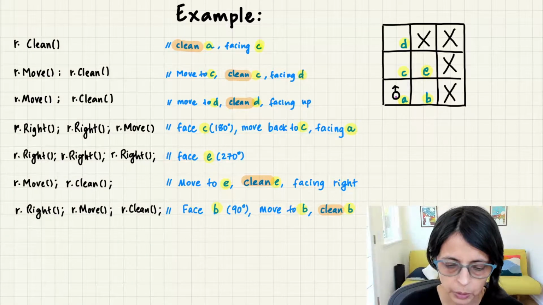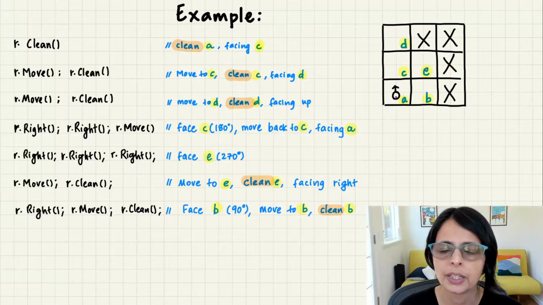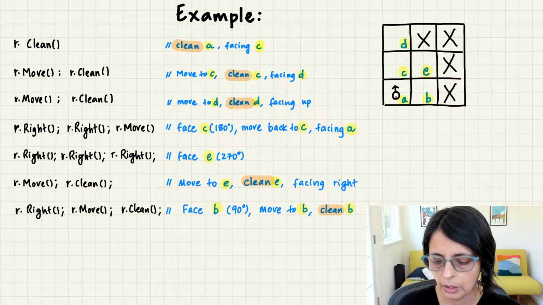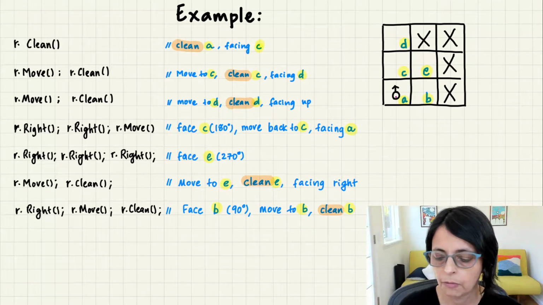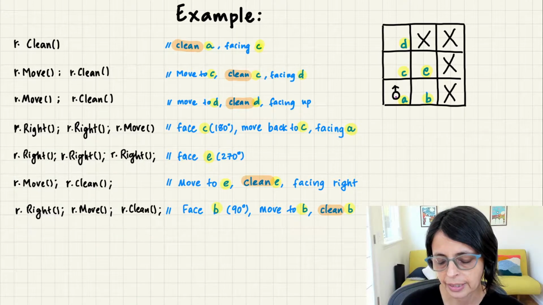So for example, in this grid, we have a 3x3 grid, and so 9 cells, 4 of them are occupied, 5 of them are free and need to be cleaned. The robot is in the cell that we're calling here A, facing up.